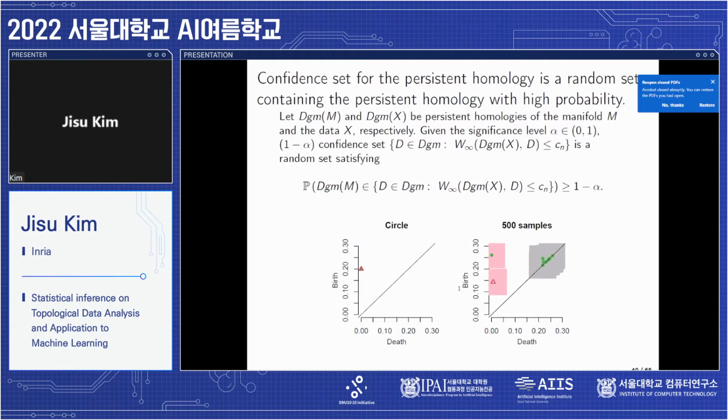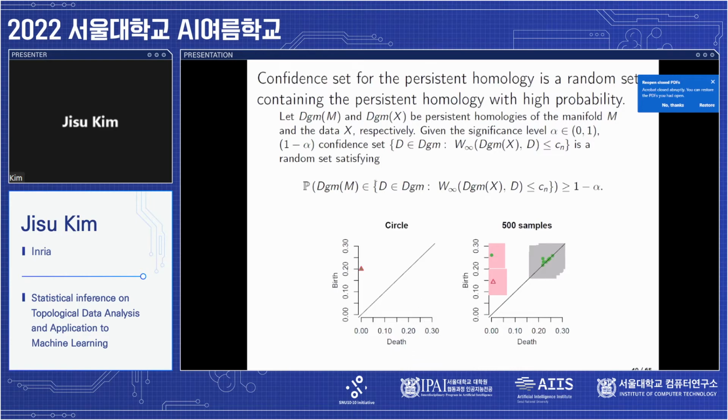And then what we do for the statistical inference of the persistent homology is, again, construct a confidence set. Here the confidence set is a set of random persistent homology that captures the persistent homology of the underlying data with probability 1 minus alpha. For example, here, this is the persistent homology of the circle.